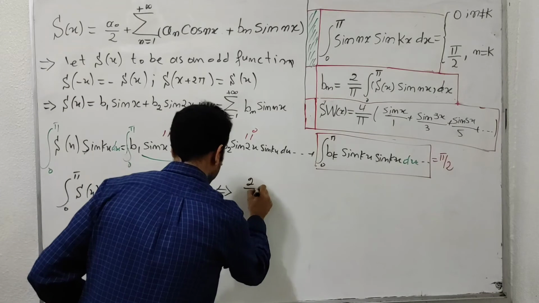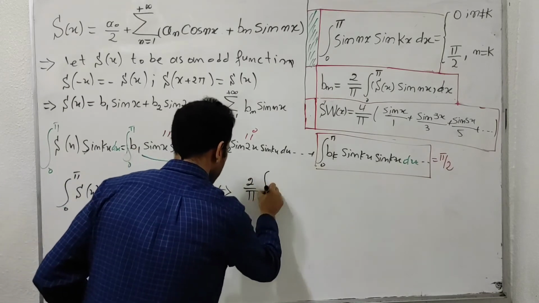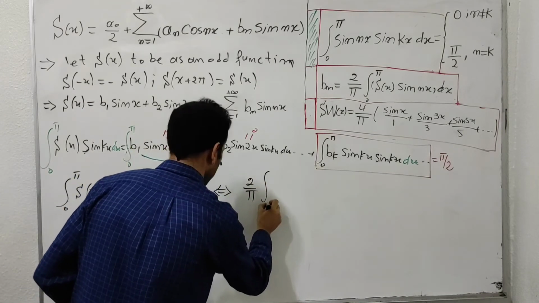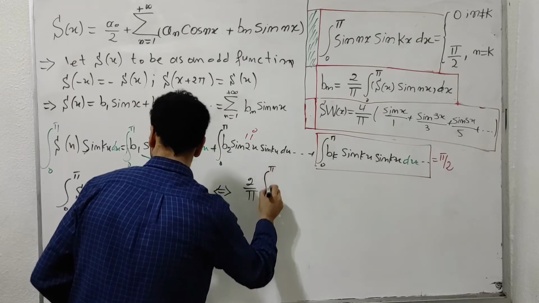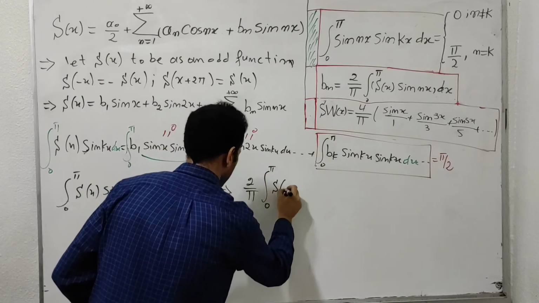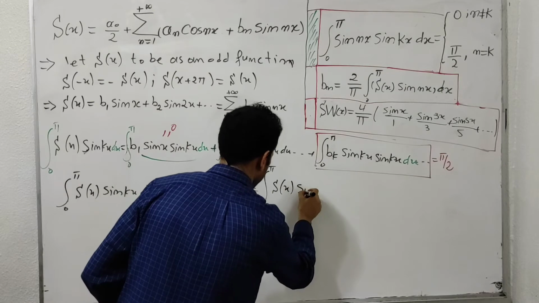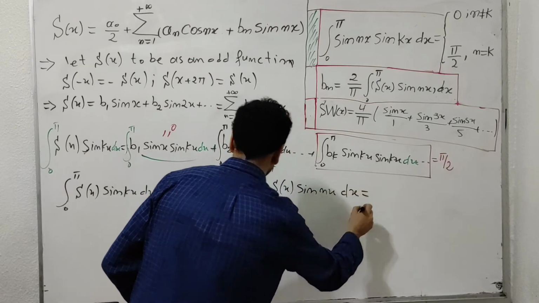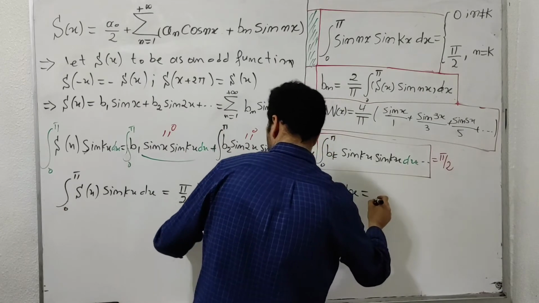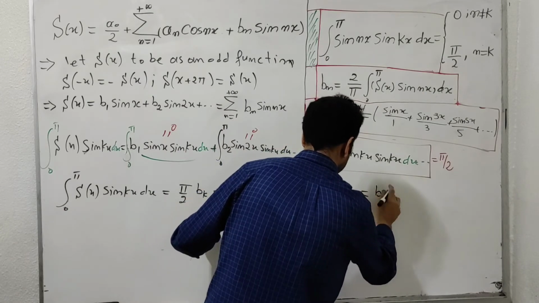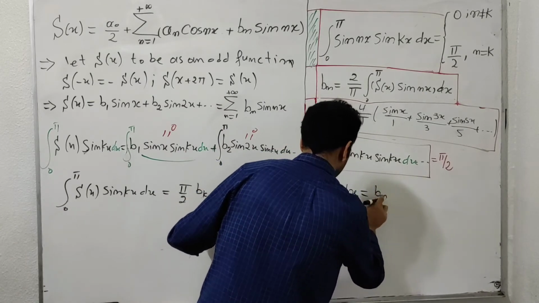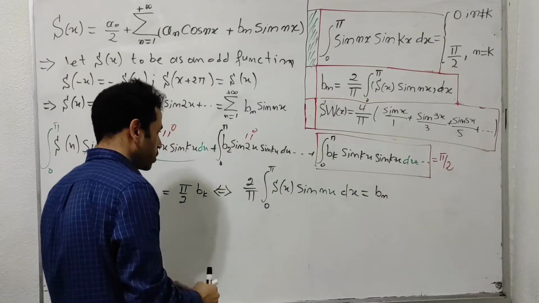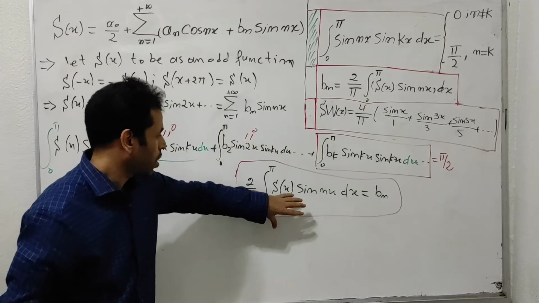So we'll have 2 over pi multiplied by this integral as x goes from 0 to pi of s of x multiplied by sine nx dx equal to bn, the Fourier series coefficient. Now this one is proven.